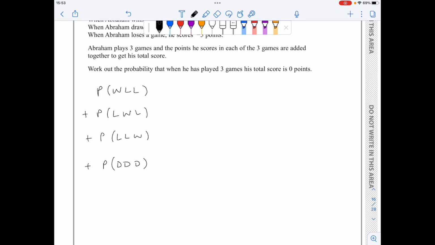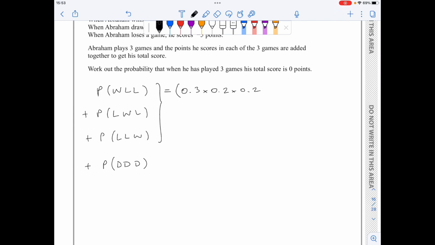Now, for the first one, probability win, then lose 2 consecutive games. This comes out to be 0.3 times 0.2 times 0.2. Now, note that the first 3 probabilities have the same numbers but in a different order.